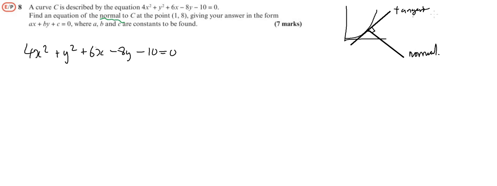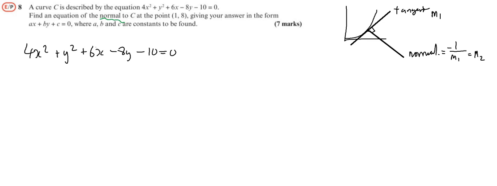And how do we find perpendicular lines? Well, the tangent has a gradient of m1. To find the perpendicular line, I have to do minus 1 divided by m1, and that gives me the gradient of the normal.